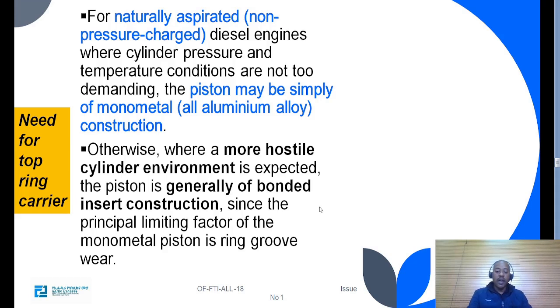Otherwise, where a more hostile cylinder environment is expected, the piston is generally of bonded insert construction, since the principal limiting factor of the monometal piston is ring groove wear.